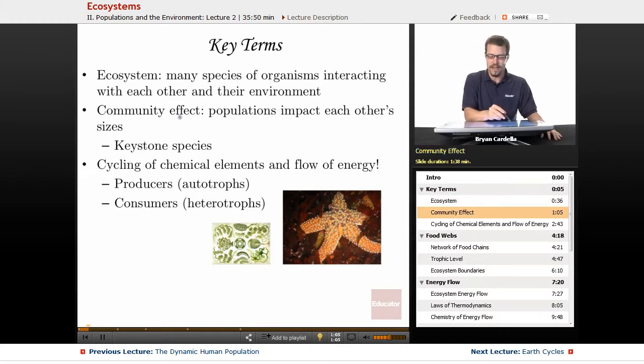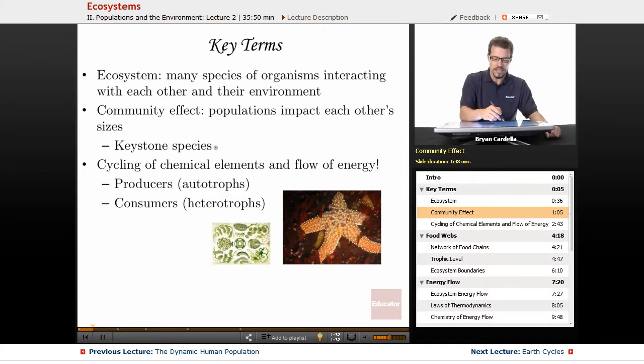The community effect: populations impact each other's sizes. This makes sense. If you have organisms that are relying on others for energy in terms of eating them, you're going to have these populations impacting each other. And there's a term, keystone species. This would be the species in a food web, which I'll cover more in a bit, that has a disproportionate impact on the rest of the organisms.